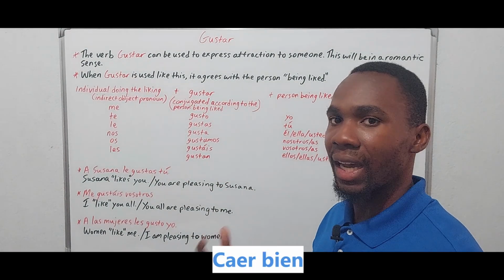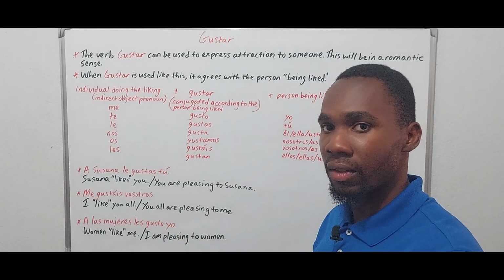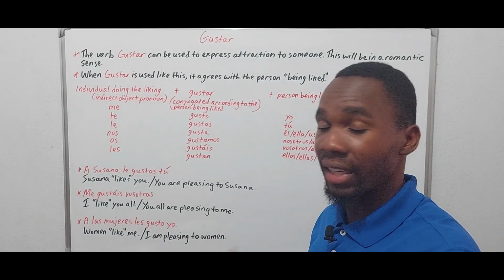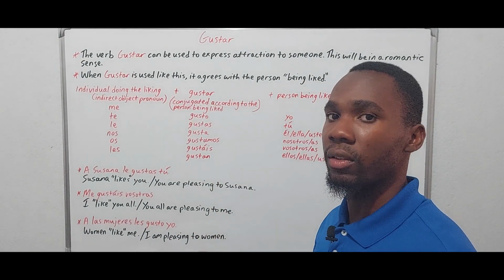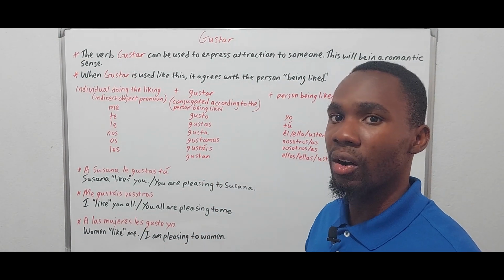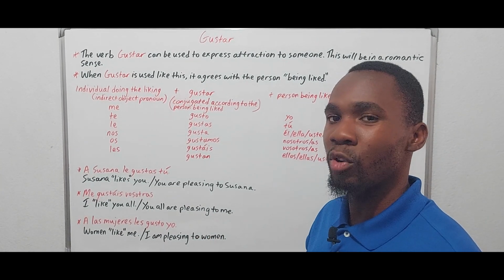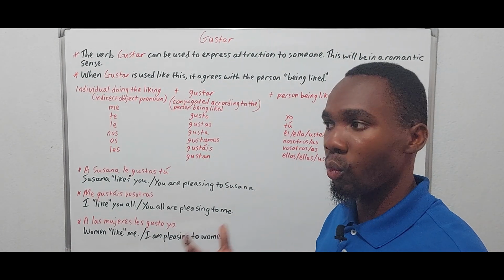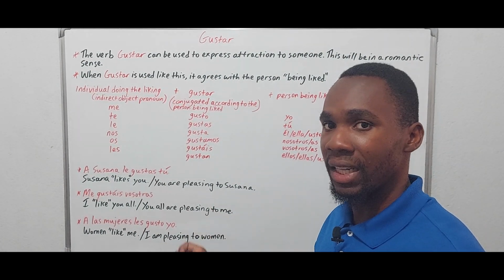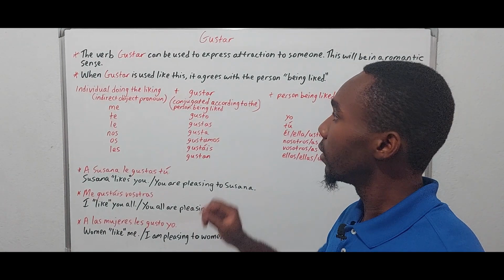If you use the verb caer bien, that usually means that you like someone's character, you get along well with them, etc. But gustar is different. Gustar is more of an attraction, a physical attraction, or it's more romantic. So if you just want to say that you get along well with someone, use caer bien and not gustar. Okay?